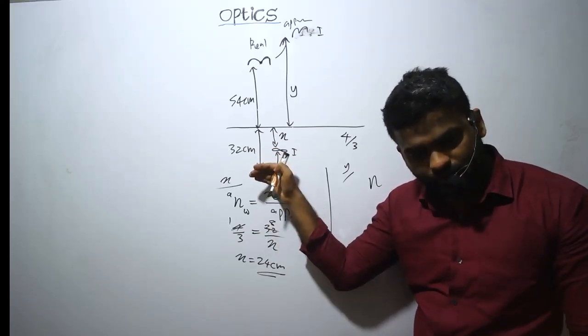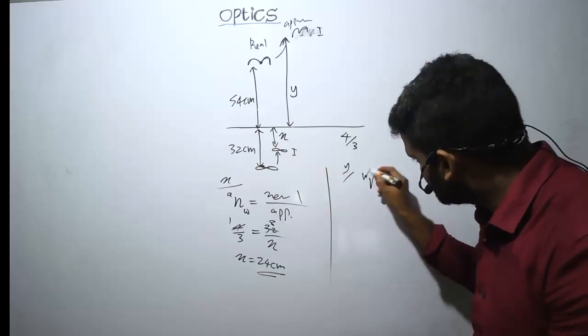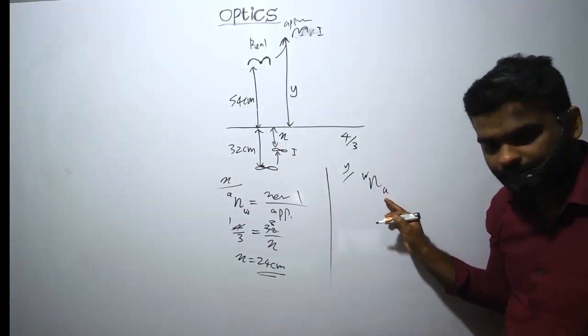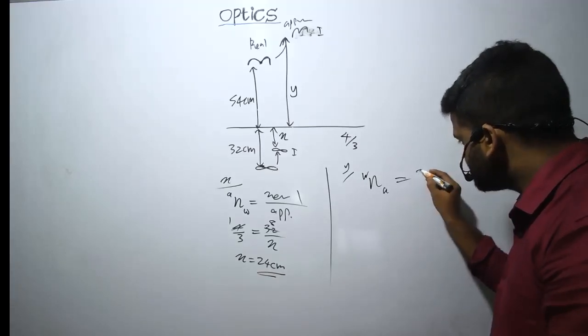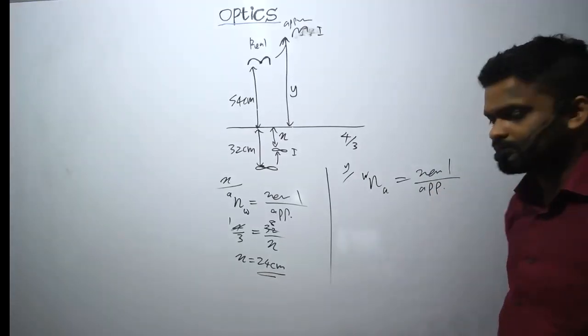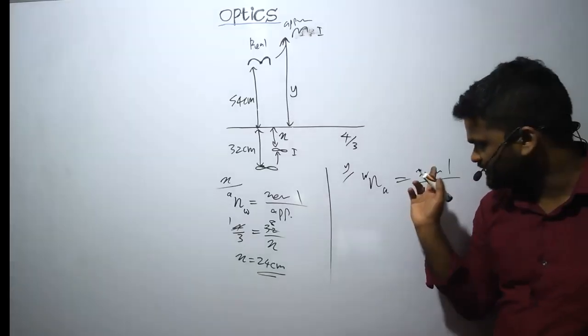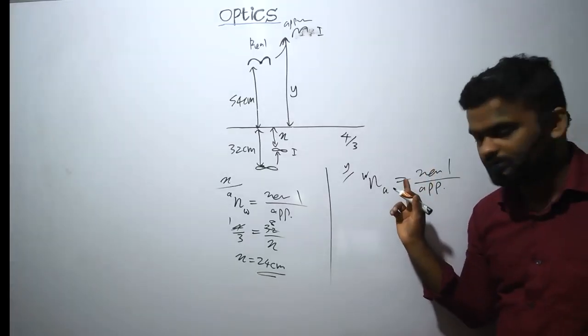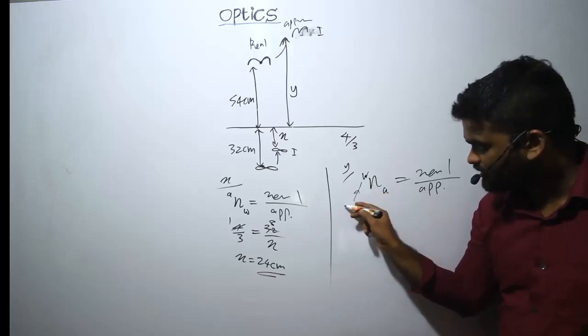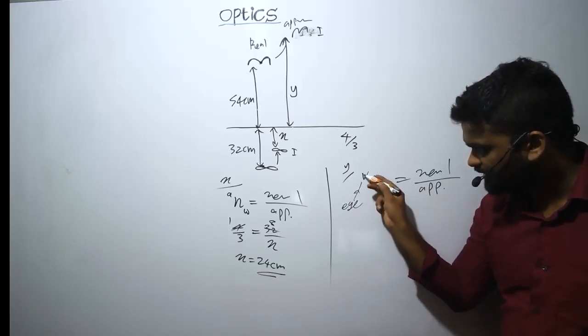So relative to water, the refractive index of air is equal to real divided by apparent. This doesn't change. It is always real over apparent, but now it is WA. Always you have to consider the eye here.